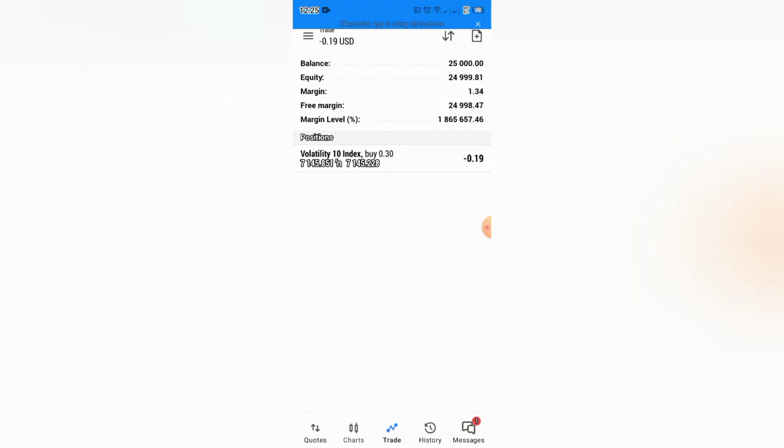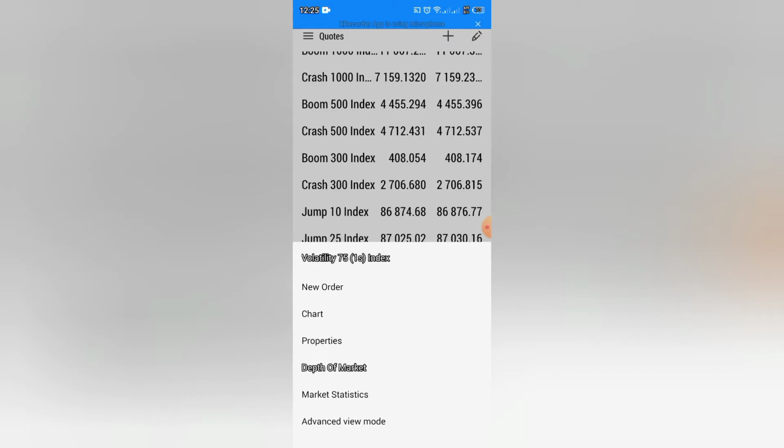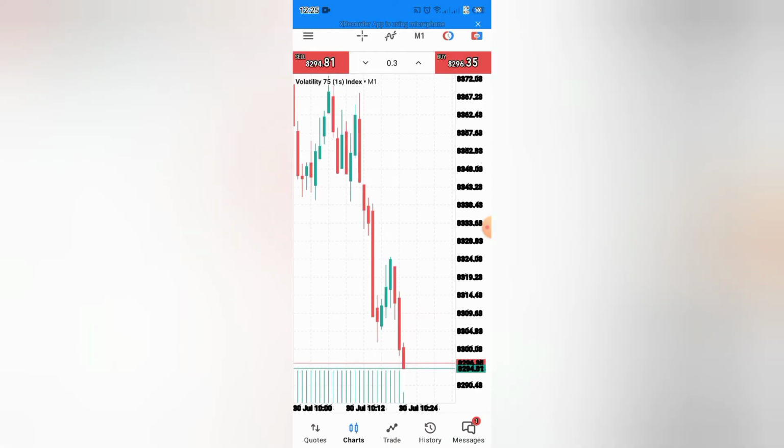And then the same thing applies to selling. Let me check another chart first. V75, yeah. With selling, the market goes down and you enter a sell.